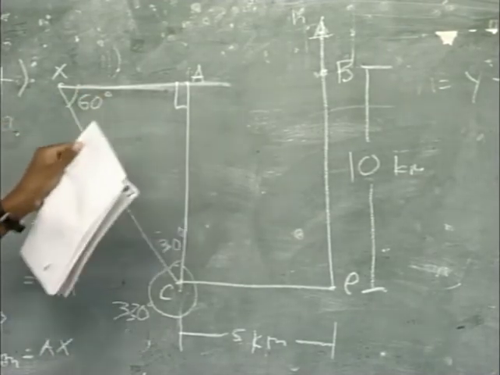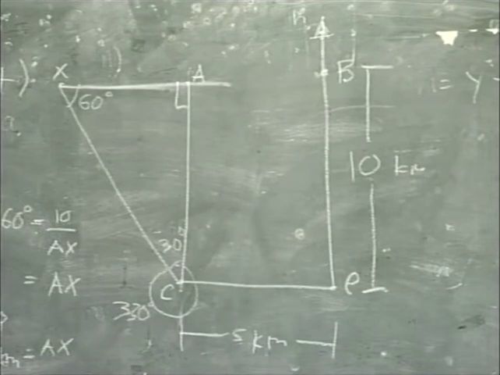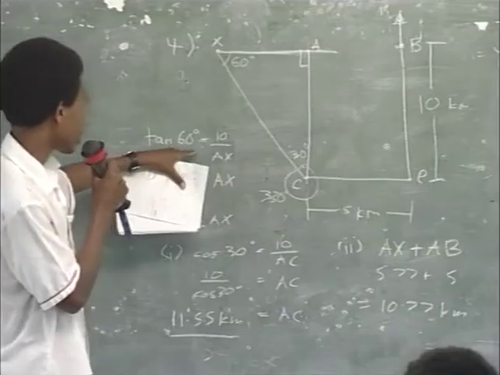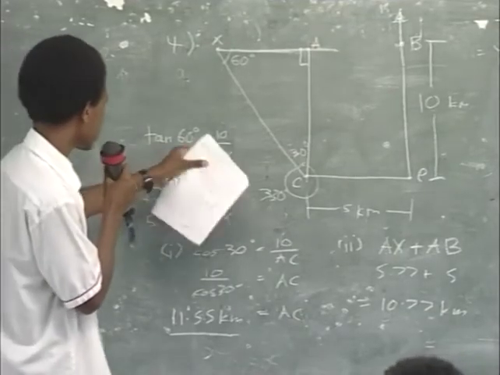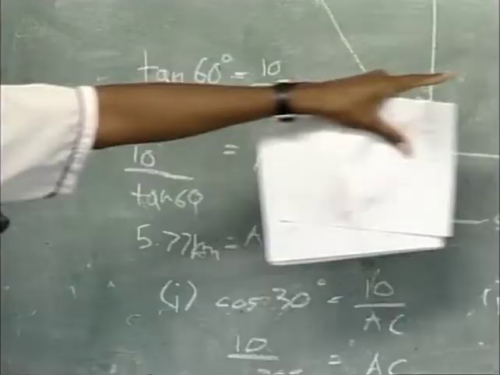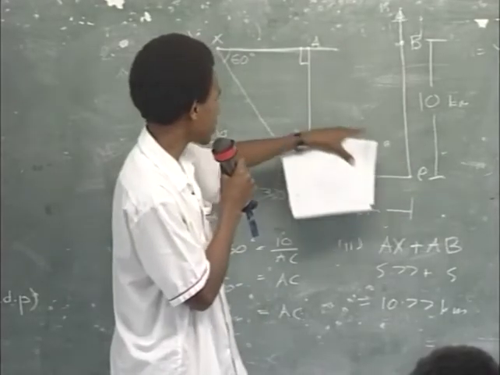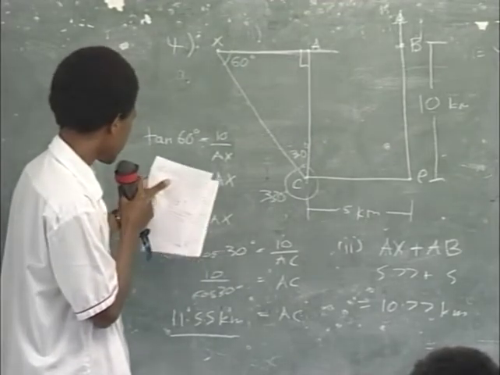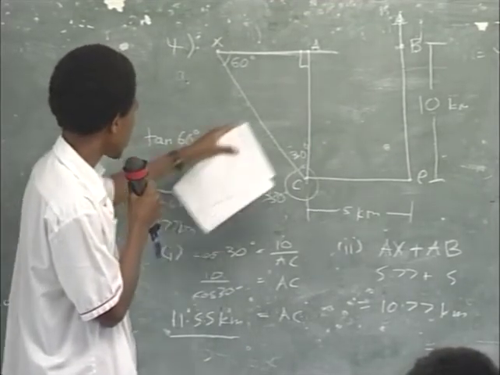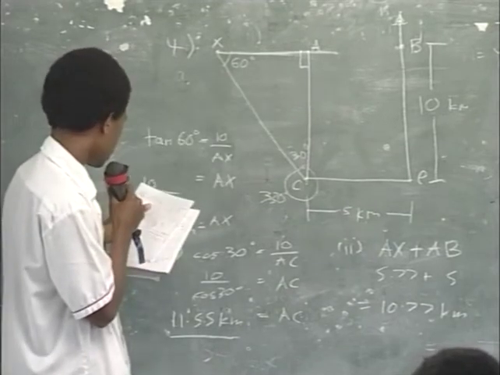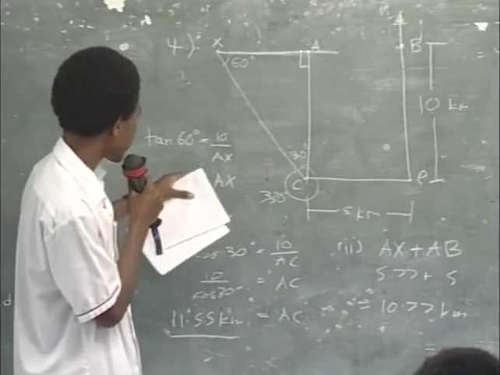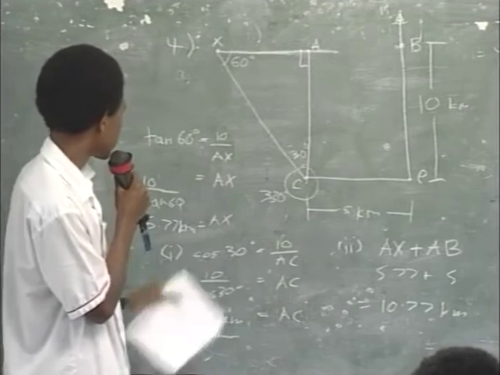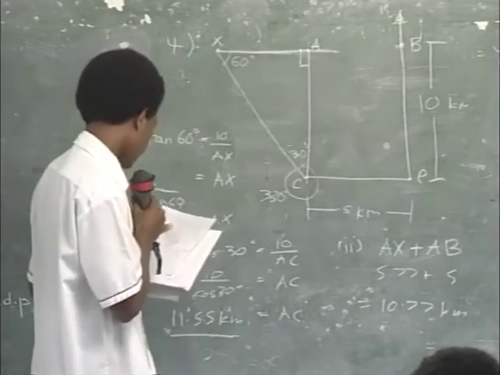So to find this distance, we use tan of 60 degrees, which is equal to 10 over AX. We derive 10 from BP, which is also equal to AC. 10 is the opposite over the adjacent, which is AX. And the answer is 5.77 kilometers, which is this distance.